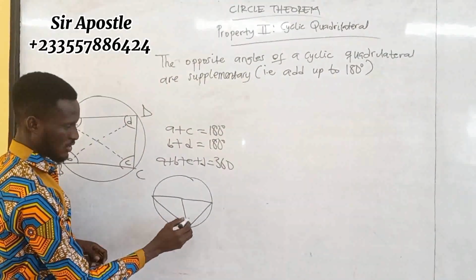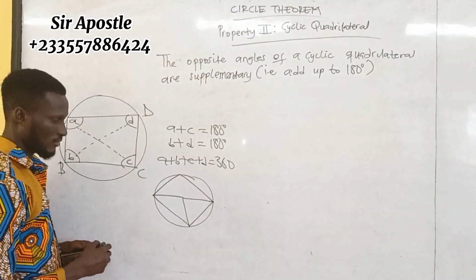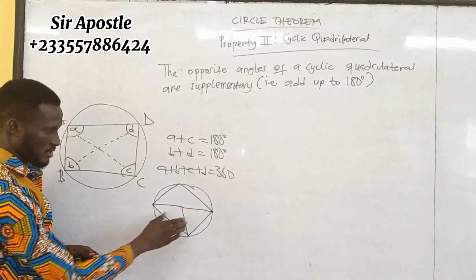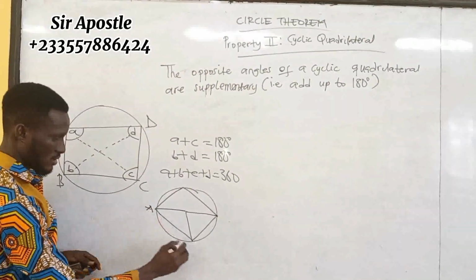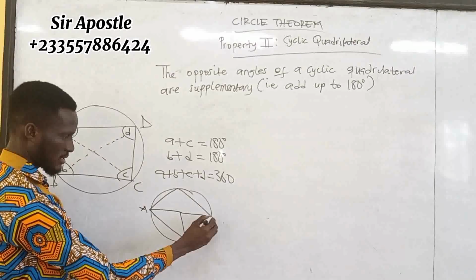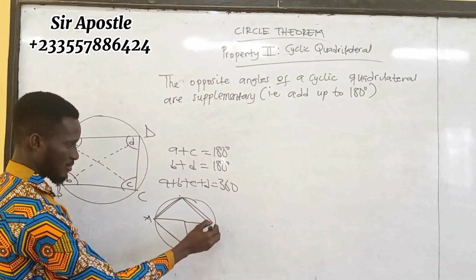This one is not a quadrilateral. But we can add this one. Look at this. This one is not a quadrilateral, but when we add this one, this one is touching, this one is touching, this one is touching, this one is touching. So the bigger one becomes a quadrilateral.